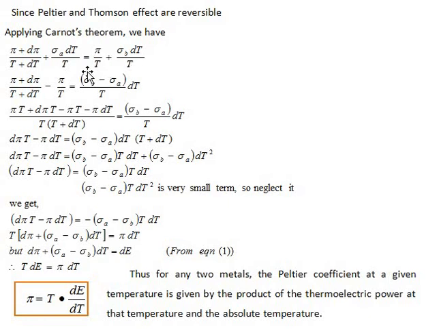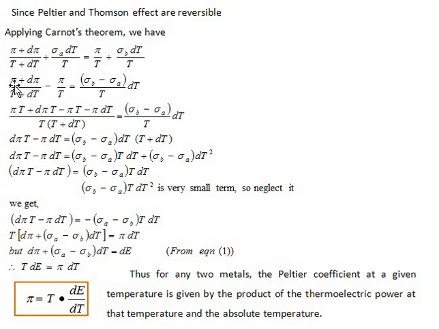So here we take pi by T to the left and sigma A dT divided by T to the right. Just rearrange the terms. So pi plus d pi divided by T plus dT minus pi by T is equal to sigma B minus sigma A into dT divided by T. So make a cross multiplication here.